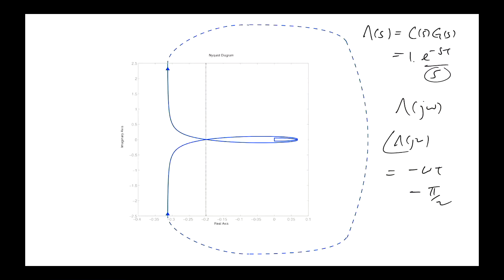So for low frequencies, we would expect the Nyquist plot to have large magnitude and phase of minus pi on 2. So we're down here for small frequencies. And as we increase frequency, it moves around. What's happening here is that things are whizzing around 0 because of the delay, which we've seen before. As we continue to increase frequency, this phase keeps on getting more and more negative, so it causes it to spin around like that.